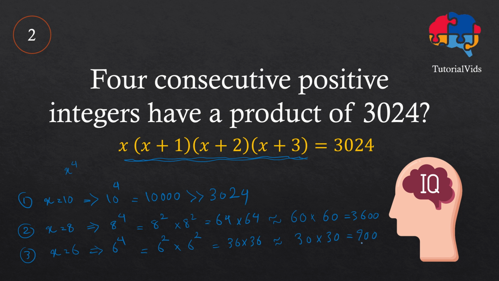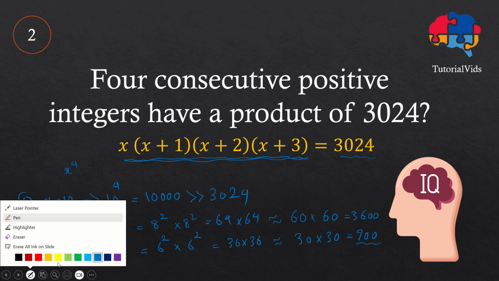What does this tell me? It says if x equals 6, then x to the power of 4 would be something a little bit bigger than 900, and that means this expression might be something close to this, because this is the first time that we get something smaller than this.